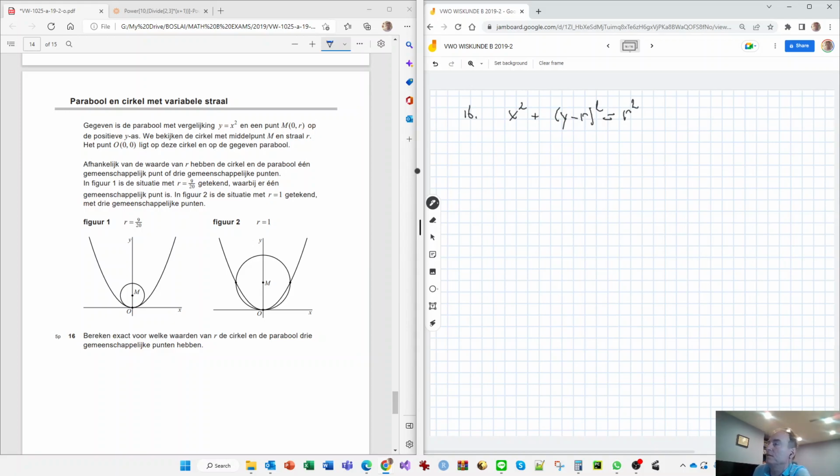So you can check the origin is on it. So substitute 0, 0, I can see that. And the other one to find the common points is y equals x squared, so y and x also have to satisfy this equation. So these are the two equations that need to be met. So we need to figure out for which r this has 1 and for which r this has 3 solutions.